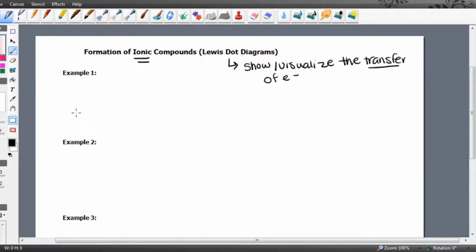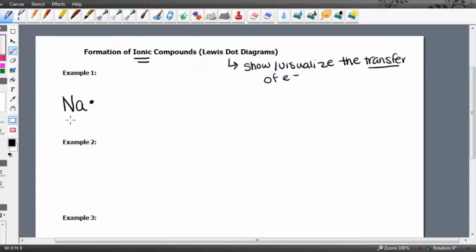For example number 1, let's do a compound that everybody is super familiar with, sodium chloride. Grab your periodic tables and find sodium. When you find sodium in group 1, you know that means that sodium has 1 valence electron.